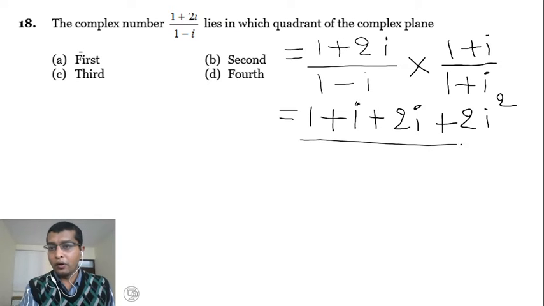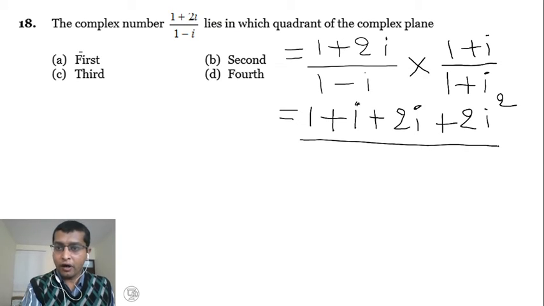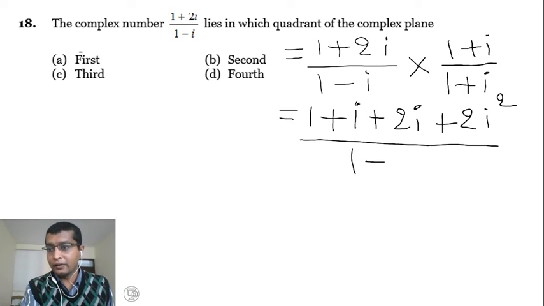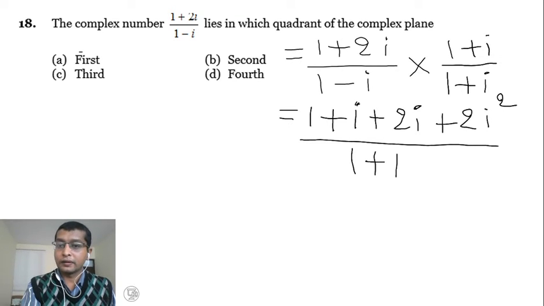2i square, whole divided by, it is of the form a minus b into a plus b. Suitable formula is a square minus b square, that is 1 square is 1 and then minus i square, i square is minus 1, minus into minus plus 1.